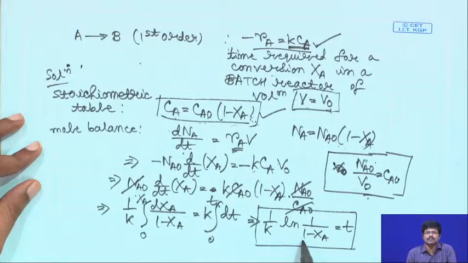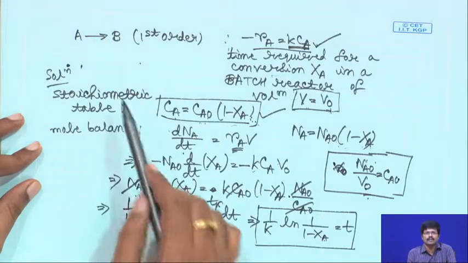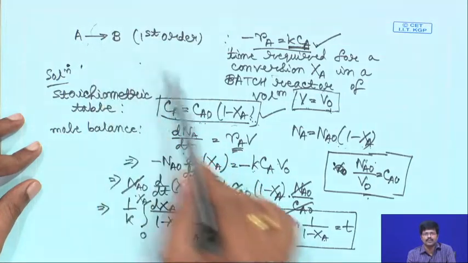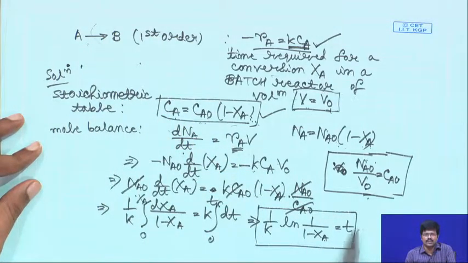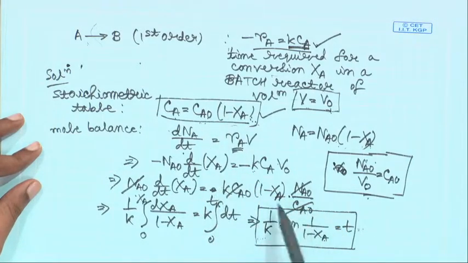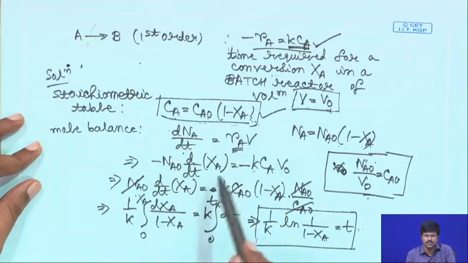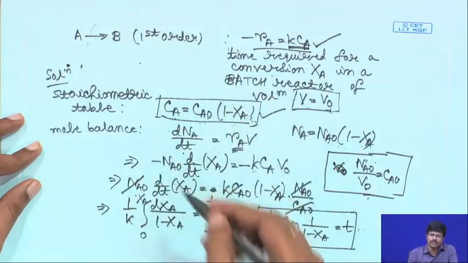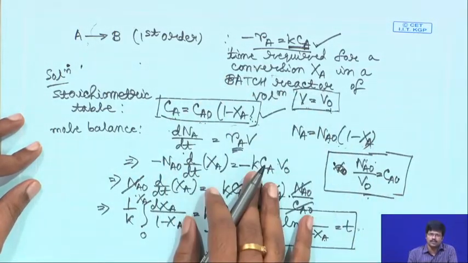This expression tells you that if you are targeting a conversion xa for a reaction that is first order in A, then this is the time required, and k is the rate constant for this reaction. Like this you can solve different problems. Here I did not give you any particular values for the amounts of different species, I just gave you a general term.